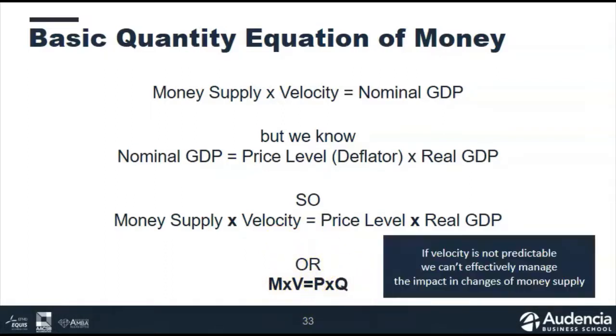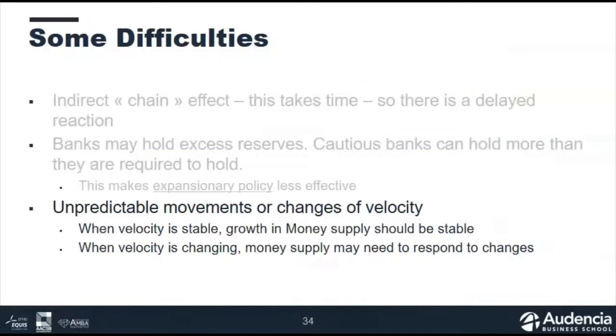So why is velocity important for monetary policy? If velocity is not predictable, if it varies and is unstable, we have a hard time managing the amount of money in the economy. We need to make sure the money is there to permit people to buy the goods and services they want. But if velocity is 4, and then one day it's 2, and then one day it's 6, and then one day it's 4, then we have a hard time managing the money in the economy.